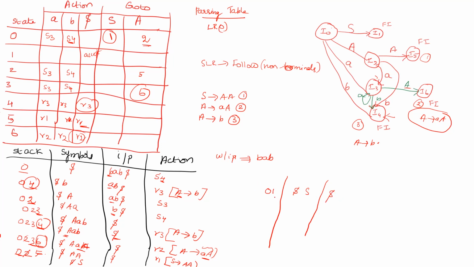Always 1 on dollar is accept. So that means the given input string is a correct string that can be generated using this particular parser.